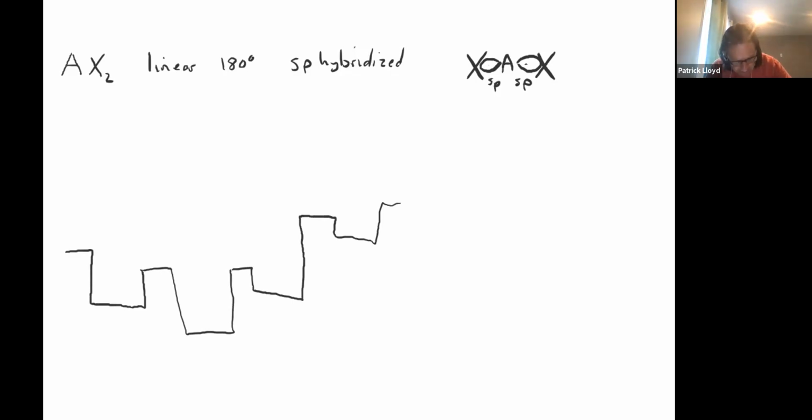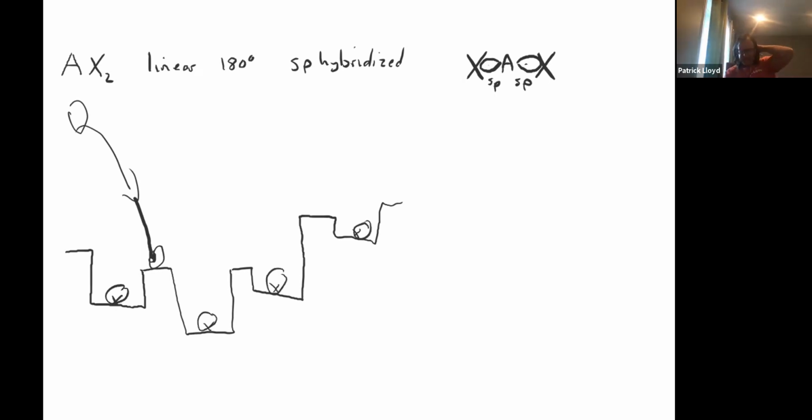So right here, this is stable. This is lower in energy. So is this one. So is this one. So is this one. If I threw a ball in, the ball is most likely not going to just land there and sit there because it has kinetic energy and potential energy. So when it hits the surface, it's going to bounce around. But you also realize that it might end up down here, and it might end up in any of those four different places. All of those are possibilities.